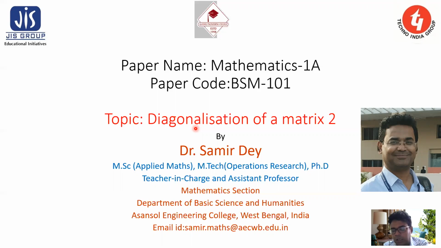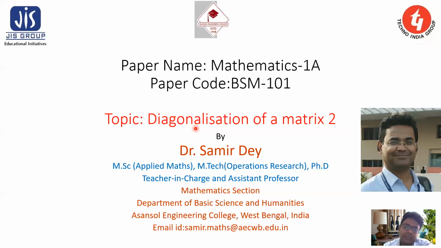Why? Because if the eigenvalues are different, automatically there exist different eigenvectors. That means the eigenvectors are linearly independent. If the eigenvectors are linearly independent, then automatically we can find the P matrix. That means we can convert the corresponding matrix to a diagonal matrix.